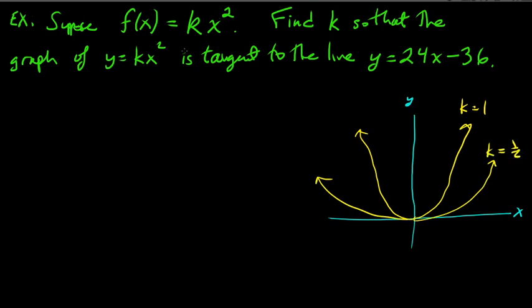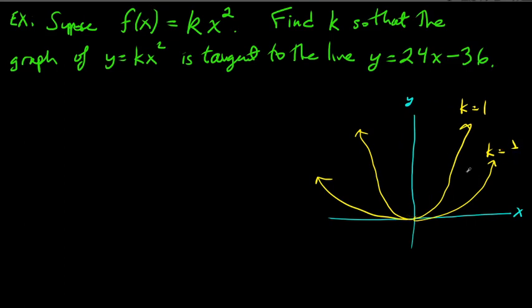It never says k has to be a whole number. K could be any number, positive, negative, whatever. And this one might be k equals 7 or something like that. So we have different parabolas here for different values of k.